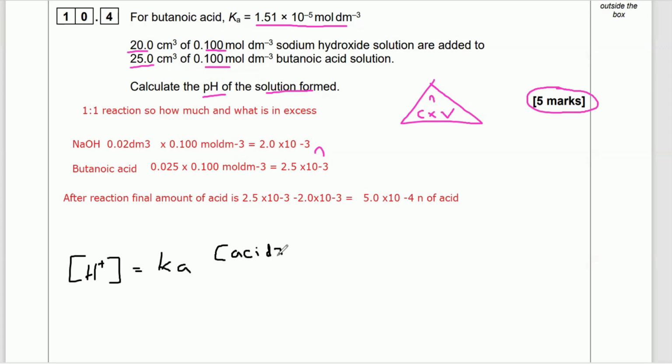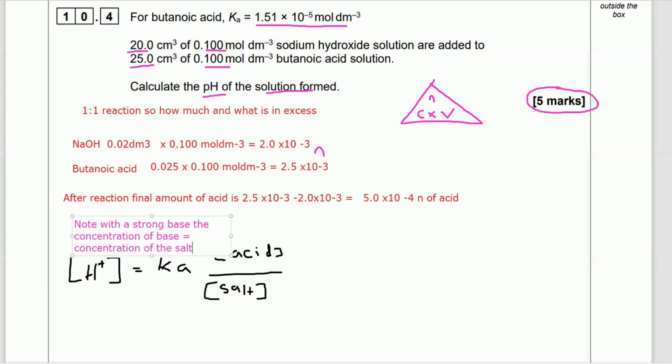And this is because we're going to use the buffer equation. For the buffer equation, when you're working out the pH of a buffer, the hydrogen ion concentration is equal to the Ka times the acid over the salt. Now note, a strong alkali or base like sodium hydroxide is going to fully dissociate, just like a strong acid.